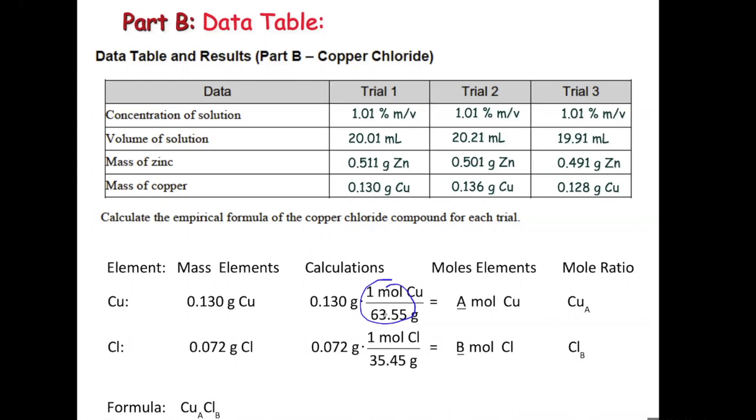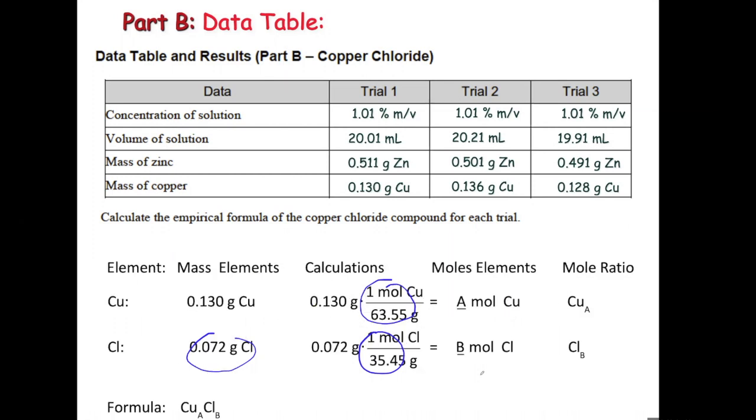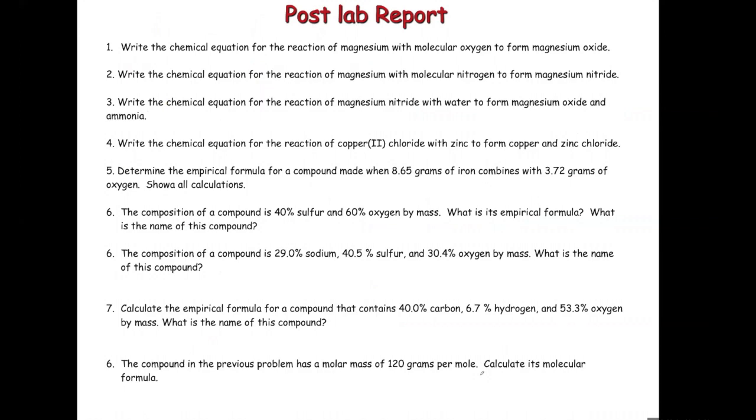And then we also convert the mass of the chloride to moles of the chloride using the atomic mass of the chloride. So this is basically your calculation, and that would be based on that information. Based on that information, you guys should be able to get the mole ratio and therefore get the chemical formula. So that basically is the experiment that you guys will be doing, and then you have some post-lab questions.